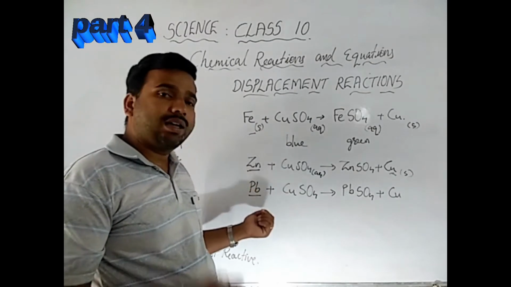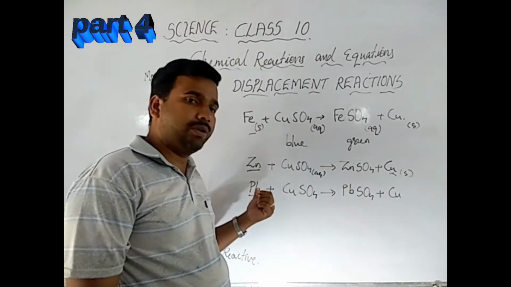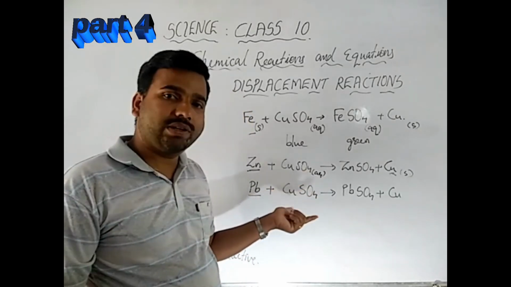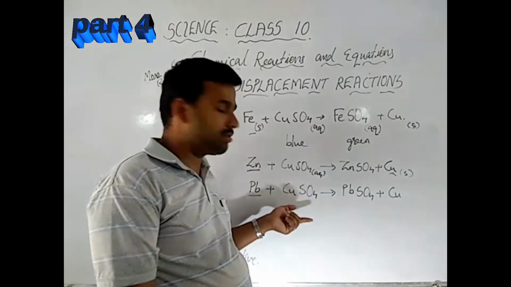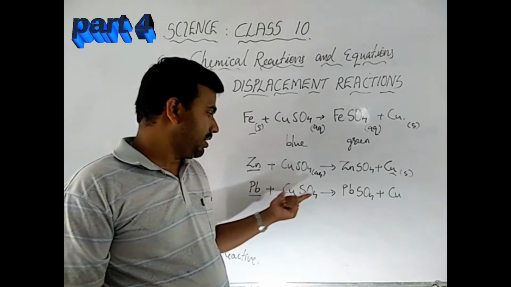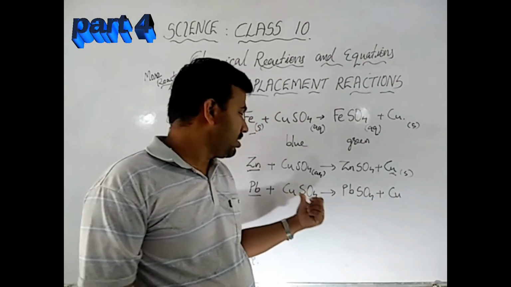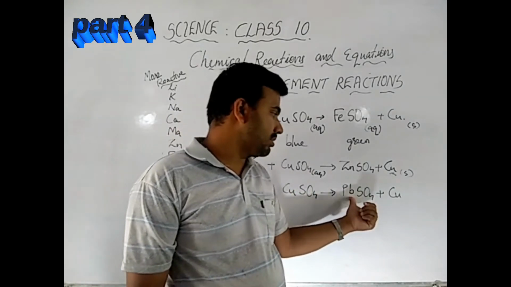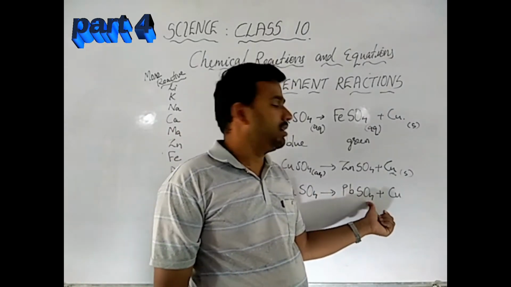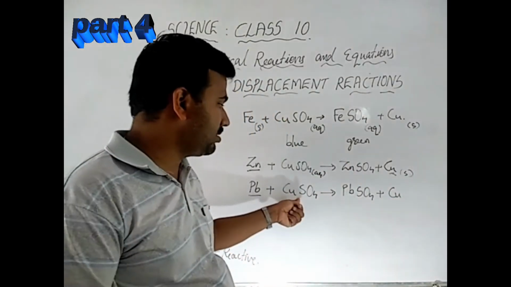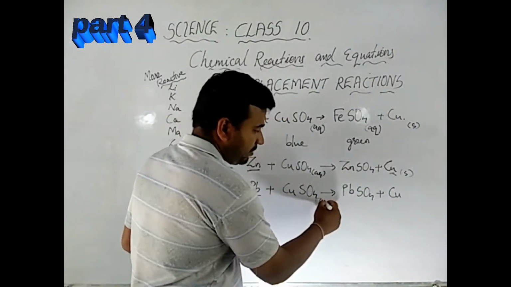Another example is lead. When you add lead to copper nitrate, copper sulfate or copper chloride solution, suppose here we are taking copper sulfate solution, lead sulfate will be formed and copper metal will be displaced from the aqueous solution.